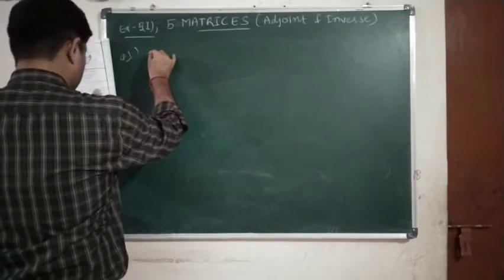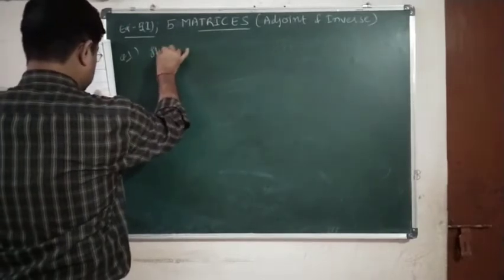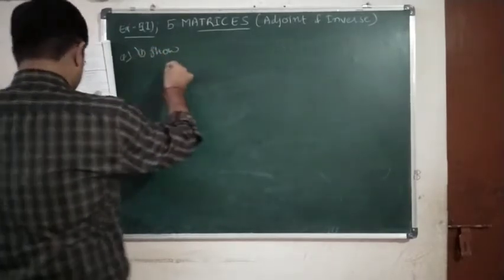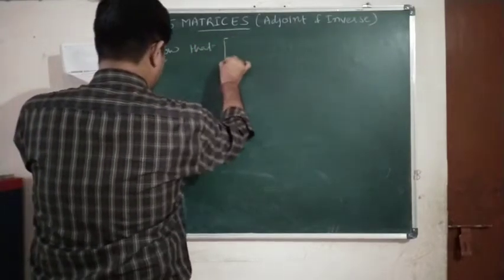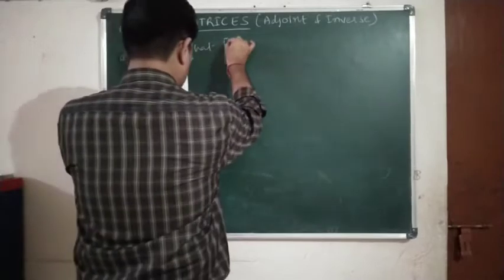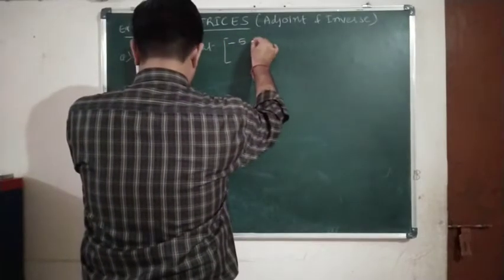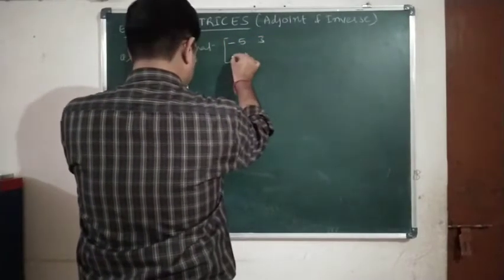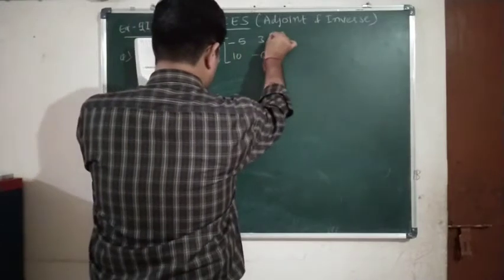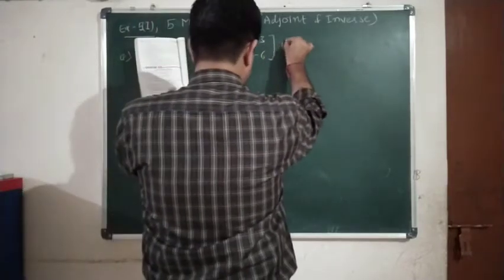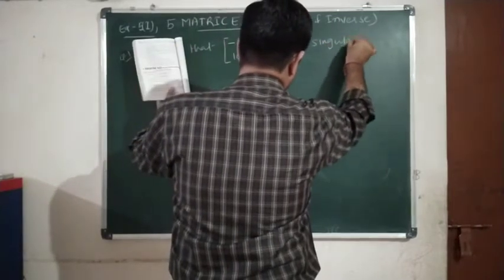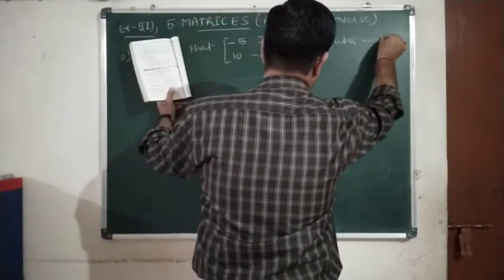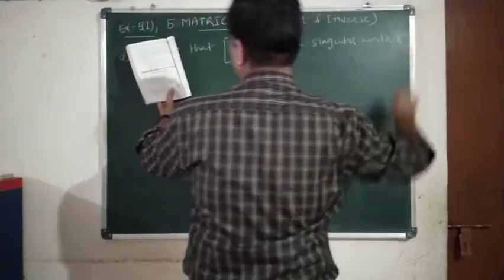We have to show that the given square matrix of order 2, minus 5, 3, 10, comma minus 6, is a singular matrix.